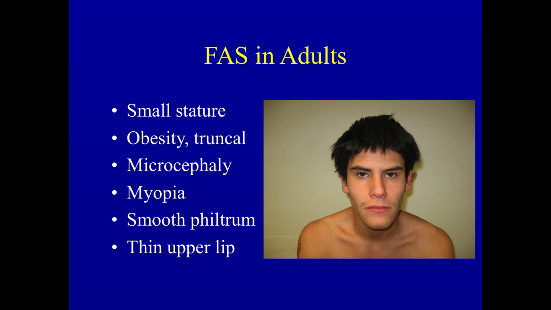Here we have a man who has fetal alcohol syndrome. He has short stature. Obesity is common in these children, as evidenced by the work of Jones and Streissguth and others. The microcephaly persists, as do the smooth philtrum and thin upper lip.